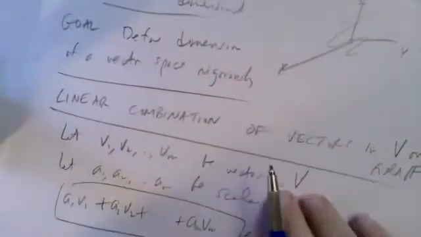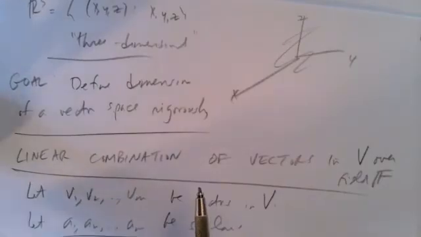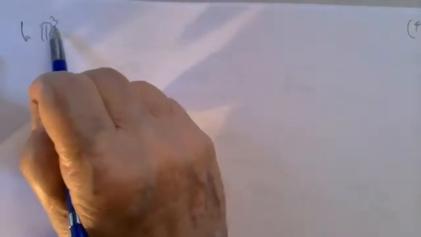So let me look at some examples of this operation. Suppose I take the vectors, in R3, or I can call it C3, it's all the same thing, in C3.